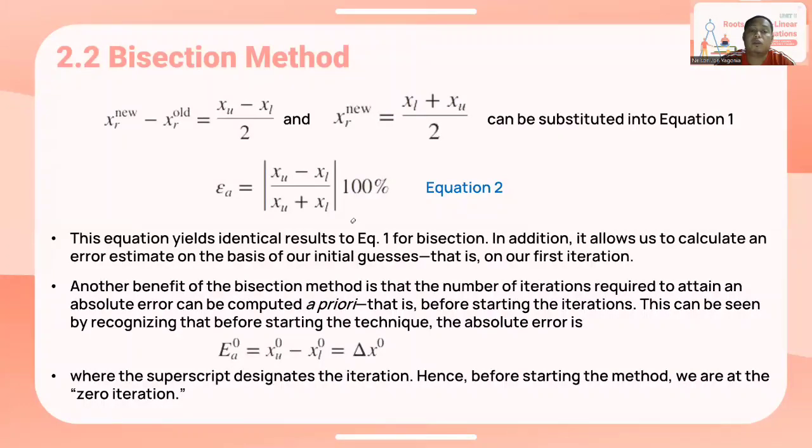Another benefit of the bisection method is that the number of iterations required to attain an absolute error can be computed a priori, that is, before starting the iterations.